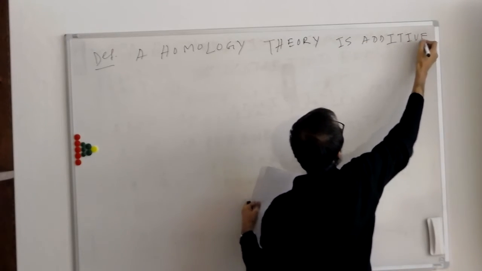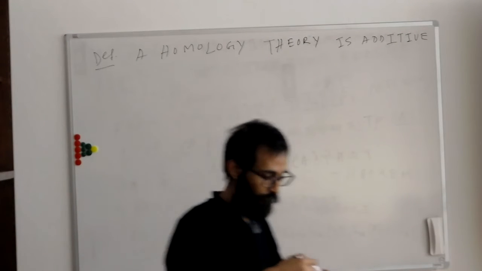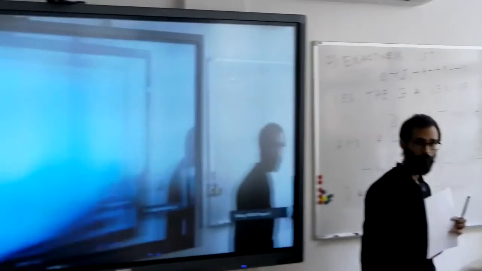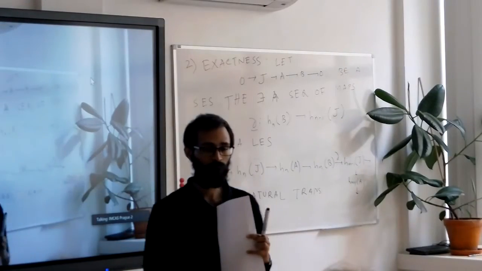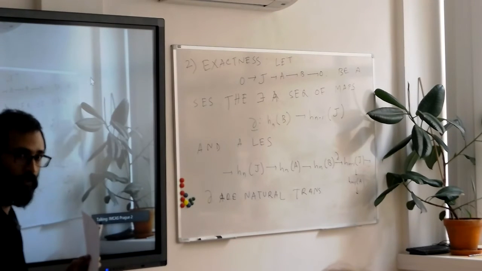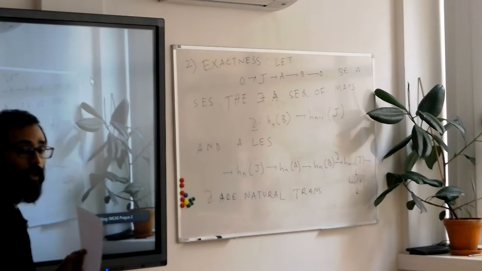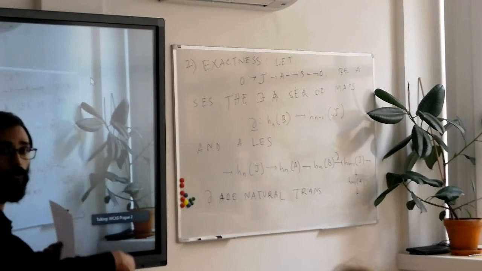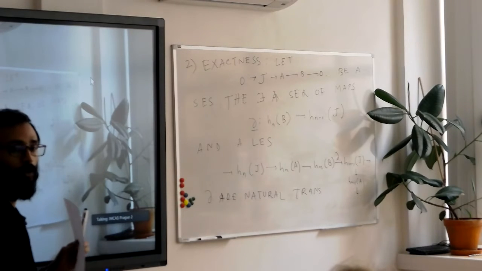Sorry, can I stop just to make sure I understand? The natural transformations obviously don't depend upon the exact sequence. So you're asking for a natural transformation for every n. Yes, a natural transformation for every n, and it should be natural with respect to morphisms between short exact sequences.